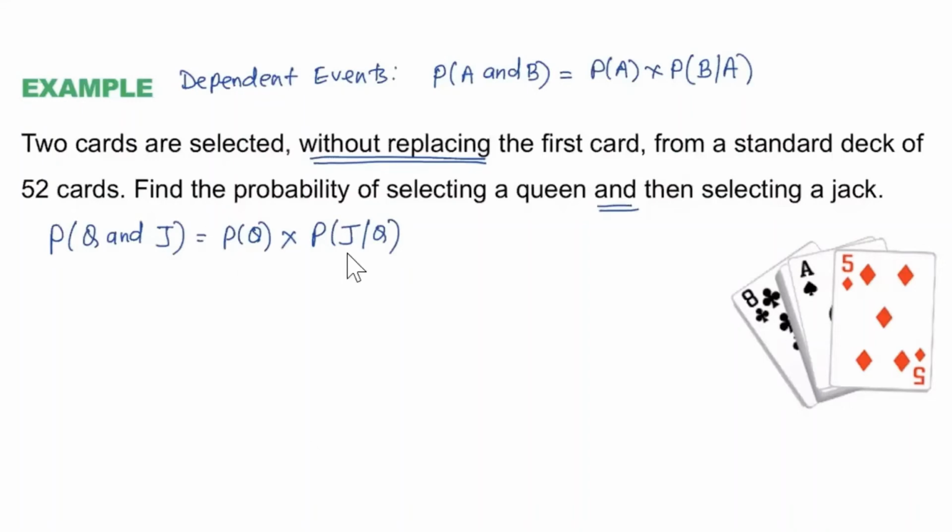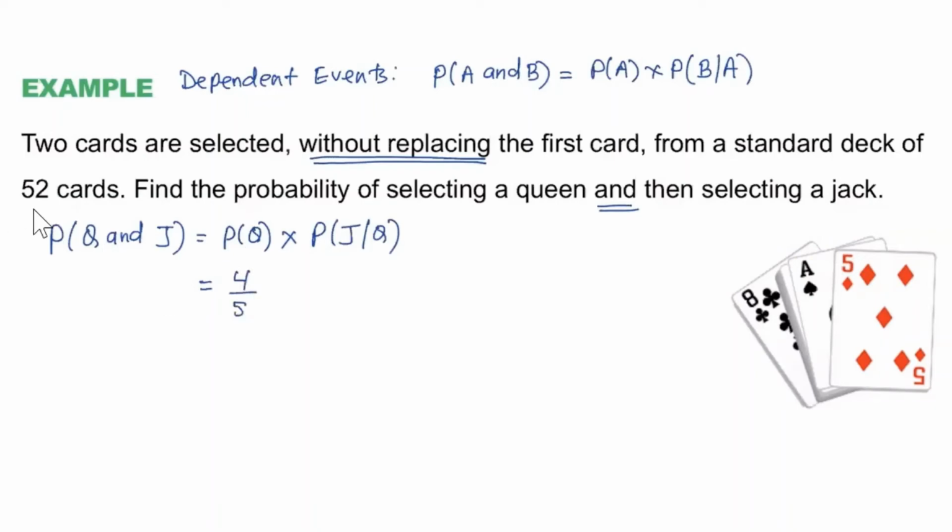So now if I want to find this probability in the first draw, look here. When I pull the first card, what is the probability that it will be queen? That is equal to how many queens are there out of total cards. 4 queens. And what is the total number of cards? 52.